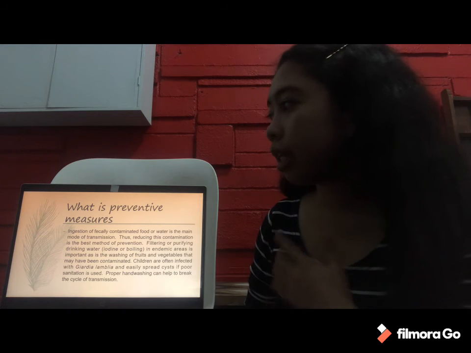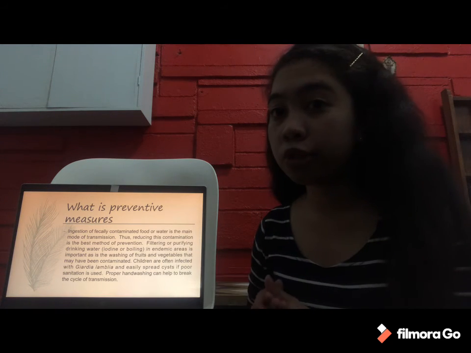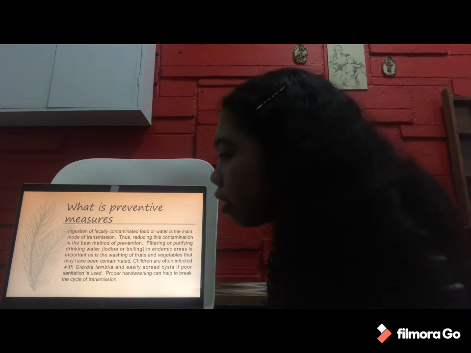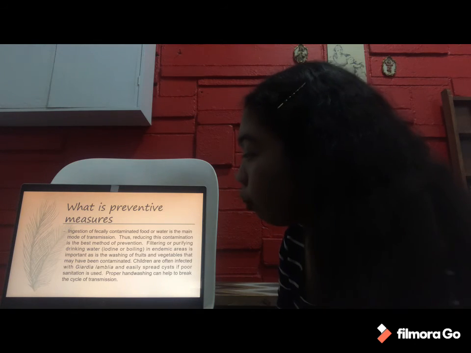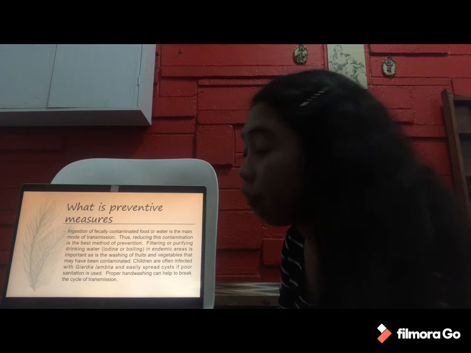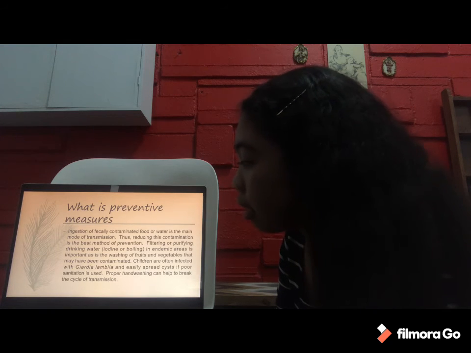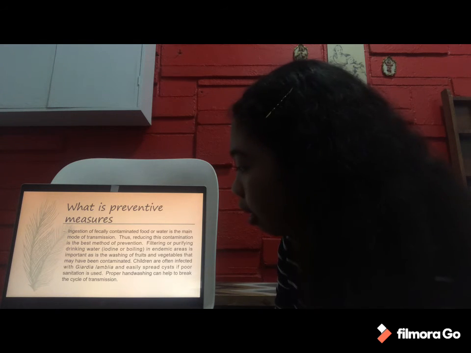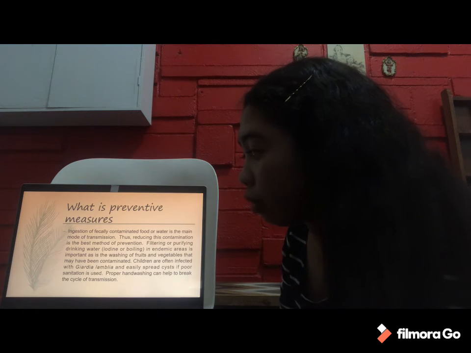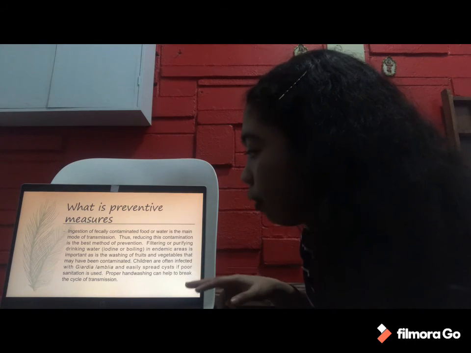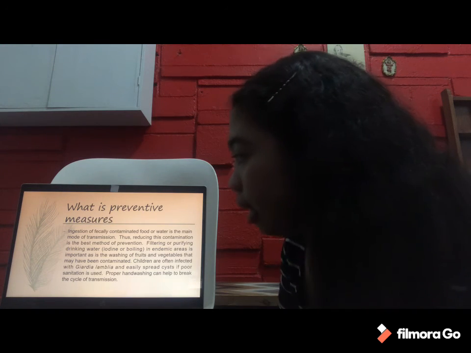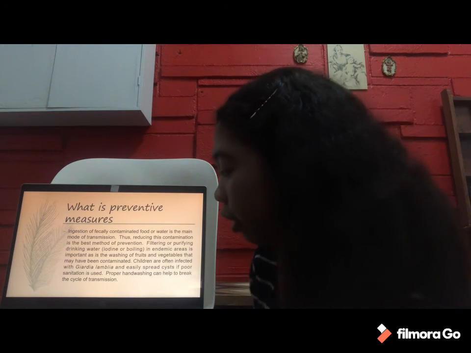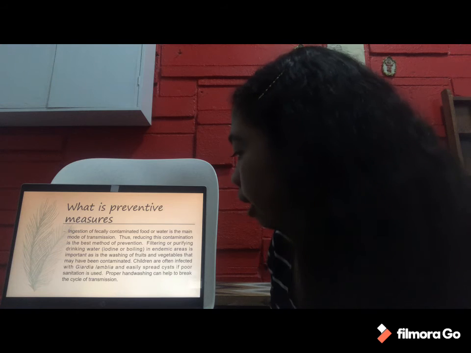So what is the preventive measure? Next is the investigation of the officially contaminated sources. Food or water is the main mode of transmission, and thus reducing these contaminations is the best method of prevention. So filter and purify drinking water with iodine and chlorine in endemic areas.